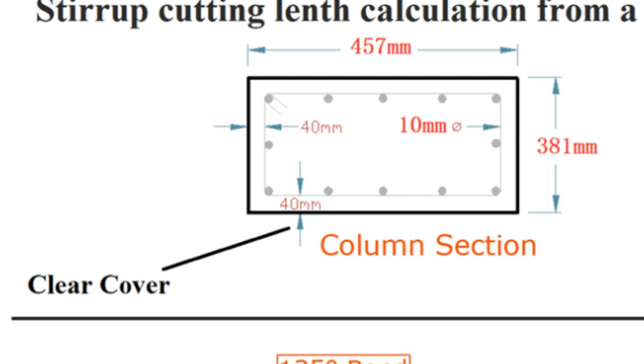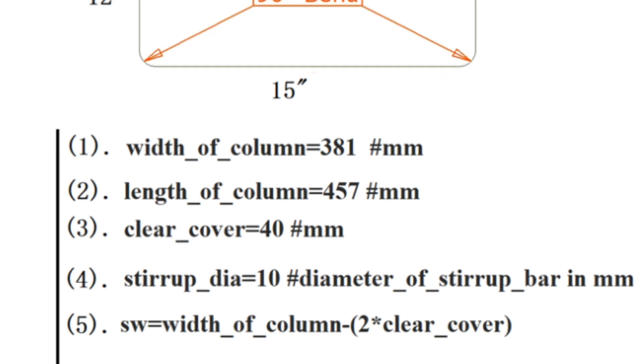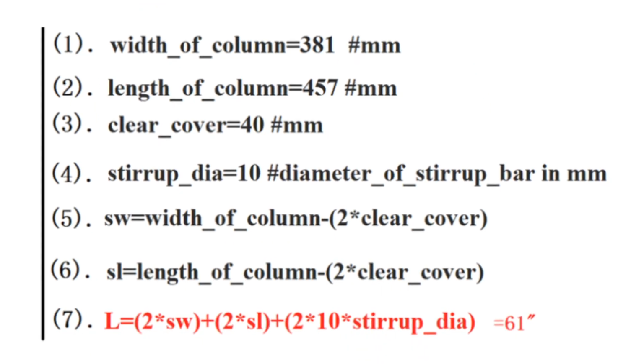And finally, we put all these values in the formula for the cutting length of the stirrup, which is given in red text in line 7. So the capital L is equal to 2 times the stirrup width plus 2 times the stirrup length plus 2 times 10 times the diameter of the stirrup bar.